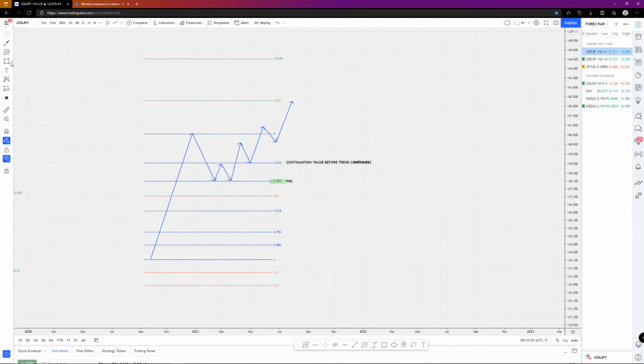But you overall have to still understand market structure along with utilizing the Fibonacci, because there's no use to the Fibonacci if you're not even understanding where you are in the market, or better yet, understanding market structure.